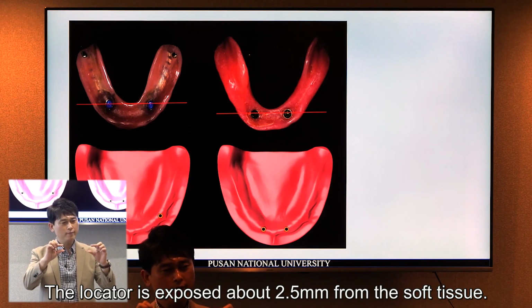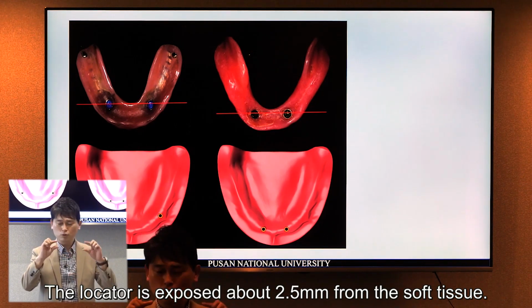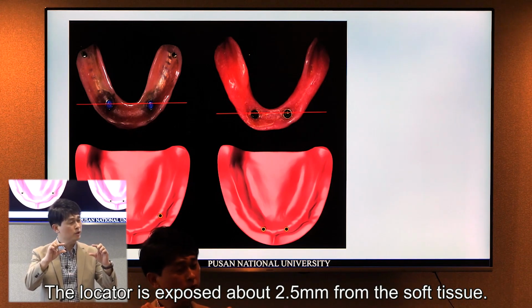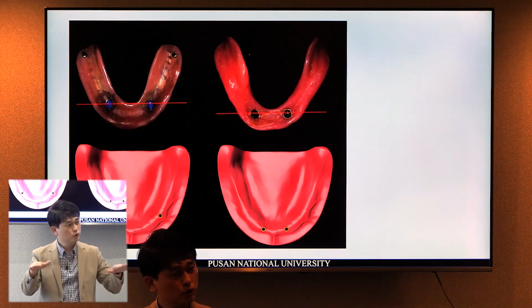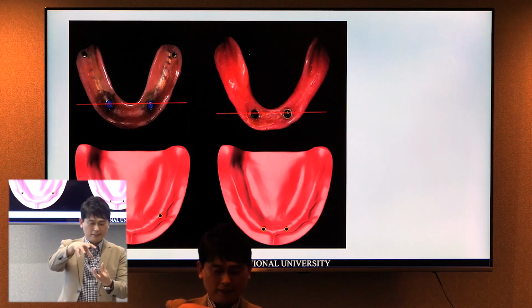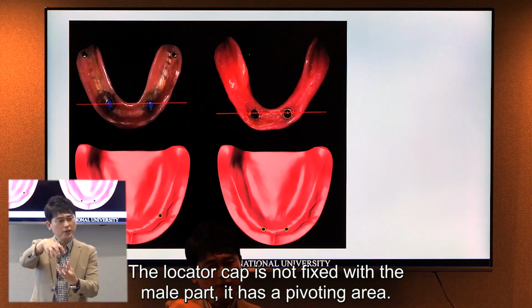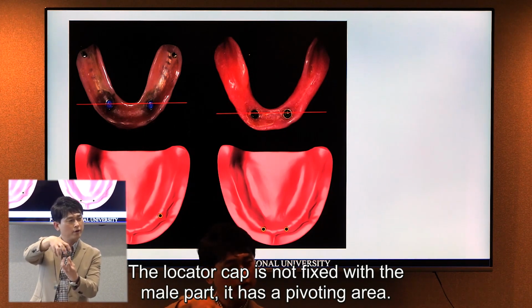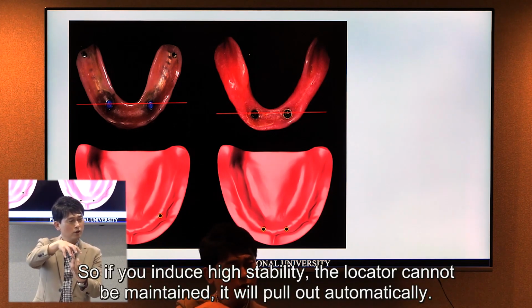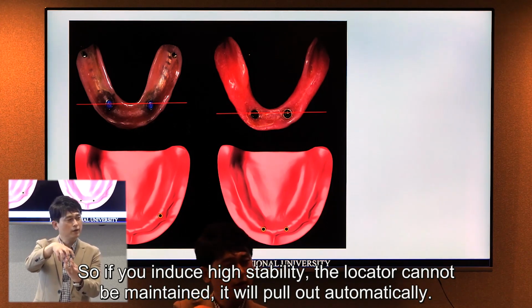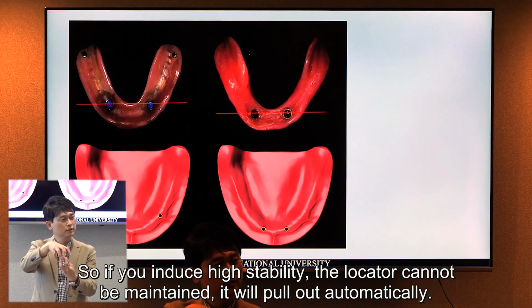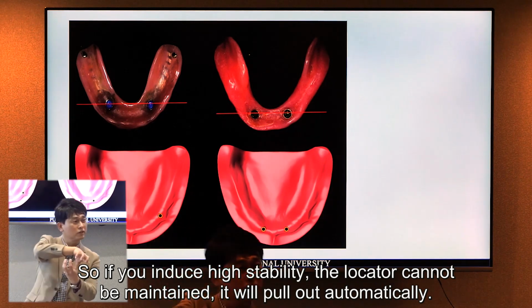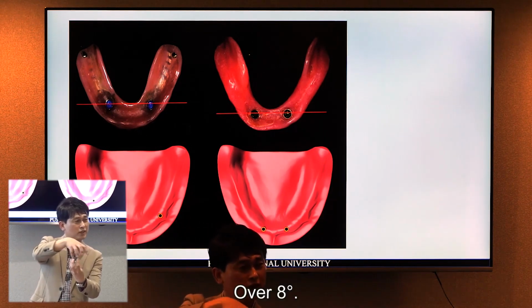The locator is exposed about 2.5 millimeters from the soft tissue. As I told you, the locator cap is not fixed to the middle part; it has a pivoting area. So if you induce high stability, the locator cannot maintain retention over 8 degrees of pulling out.